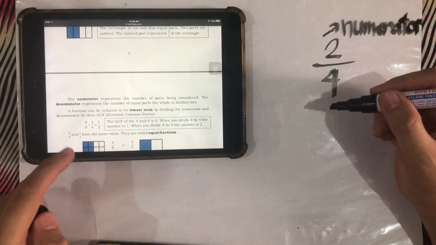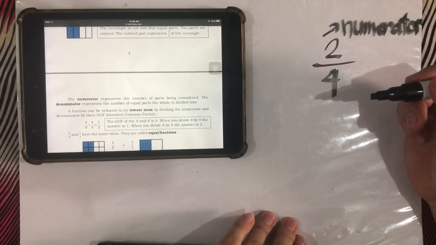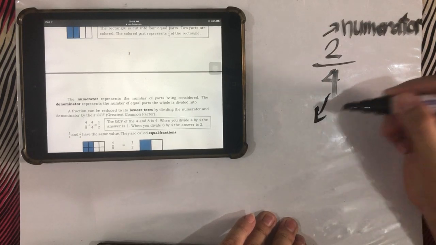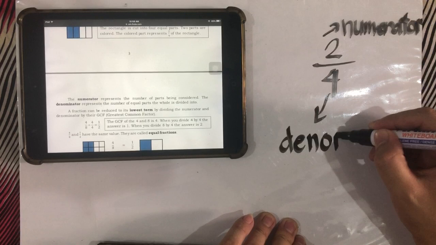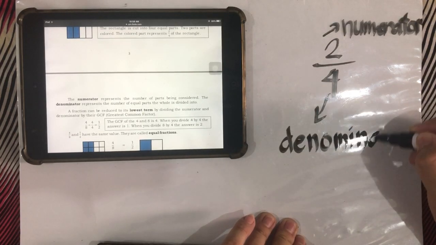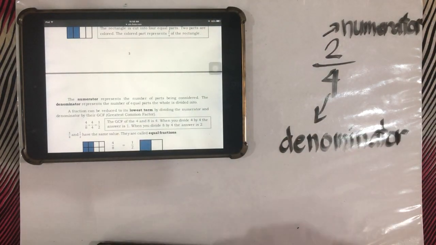And then, denominator naman is the number of equal parts the whole is divided into. So, kung ilang beses hinati yung isang buo, we call that the denominator. Okay, so don't get confused. The number on top is numerator. The number below it is the denominator.